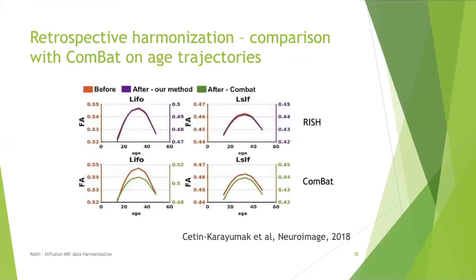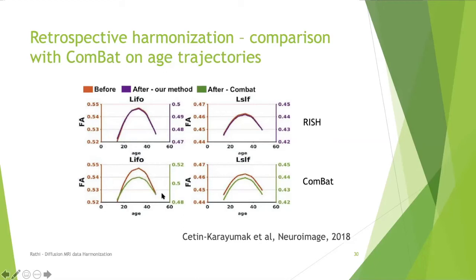To show comparison with ComBat, here we have the age trajectory for 2 different white matter bundles, the left IFO and the left SLF. On the top is using the Risch feature based method, and on the bottom is using ComBat. Here we did exactly what was recommended, and what we see is that the trajectory has changed after harmonization.